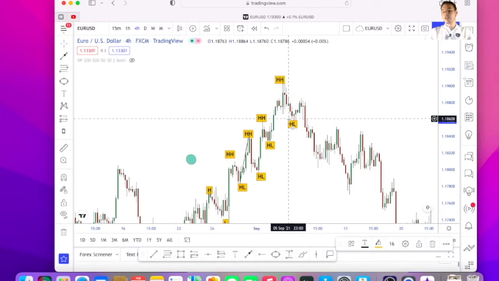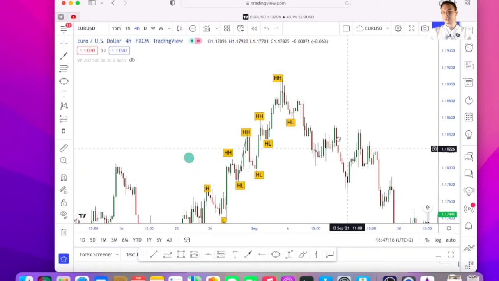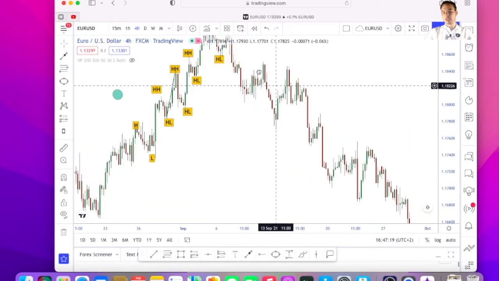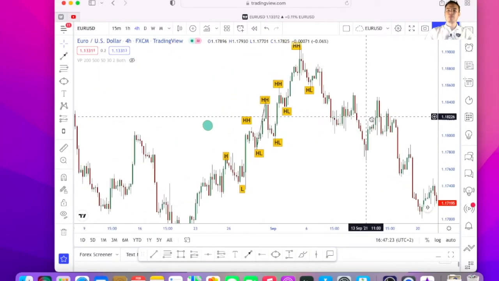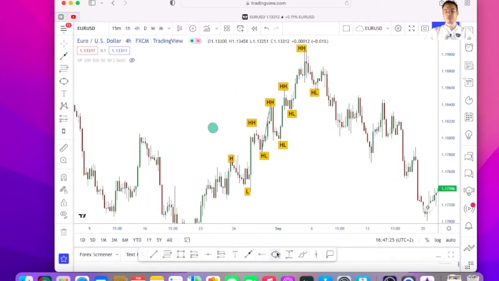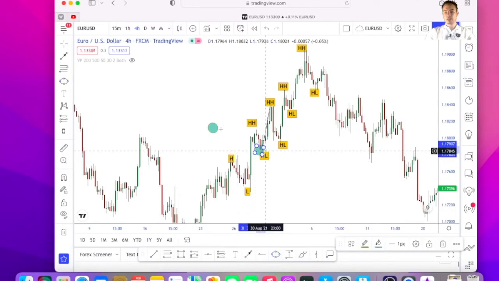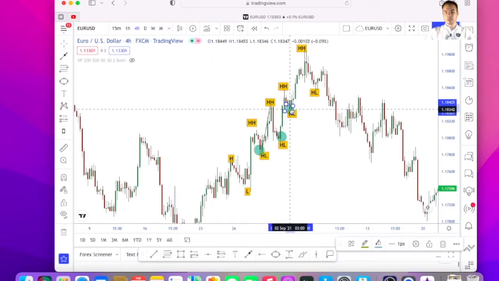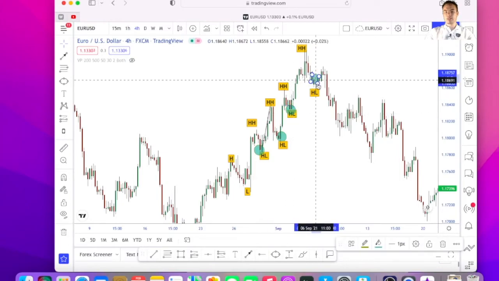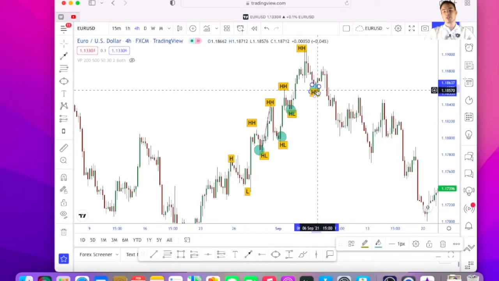Retraced, higher low, and then boom, lower high, lower low, indicating a bearish movement, as you can see. So that is an uptrend. You have to look for buying opportunities over here, there, over there, over there, and over there, with other confirmations.